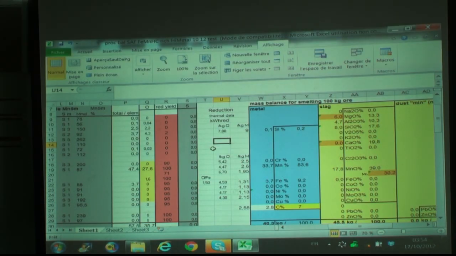The good way to operate the furnace is to have a very slight under pressure, 5 Pascal or 10 Pascal, and to suck off the off gas. So you cannot have leakage in the operation hole.